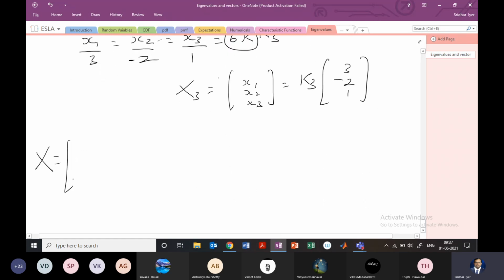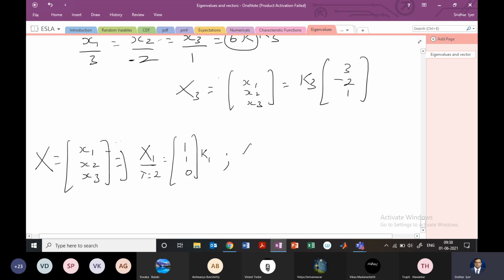So x, which is of the form x1, x2, x3, will have 3 values. We get x1, which corresponds to the first lambda value, 2, and the x1 that we got for that is 1, 1, 0 multiplied with k1.